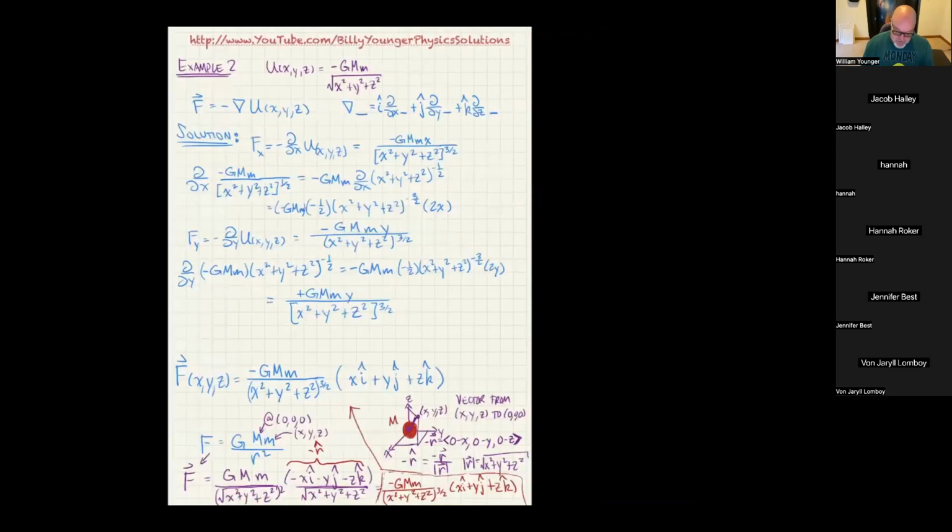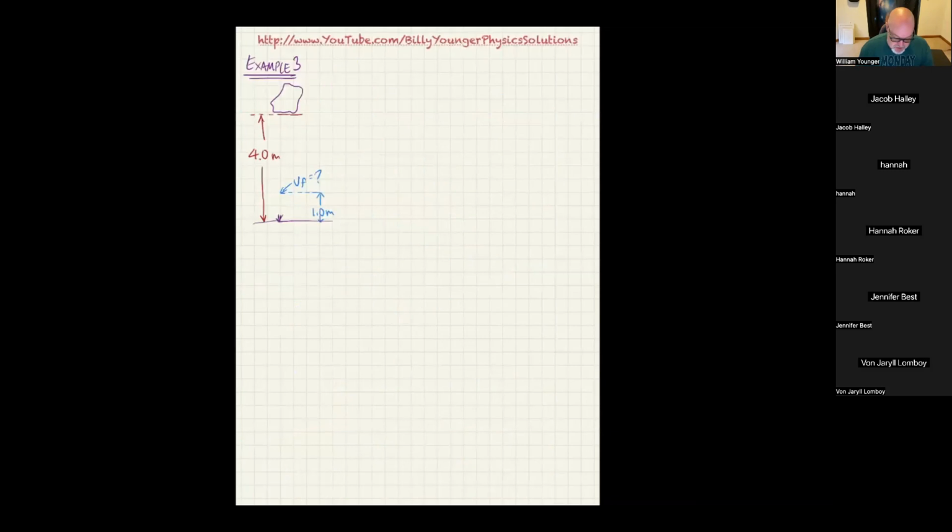All right. So let's try another conservation of energy problem. But this time it actually is going to be a conservation of energy problem, and I'm going to show you how to use the conservation of energy equation that I taught you.